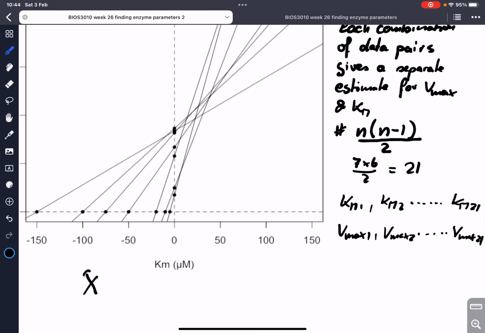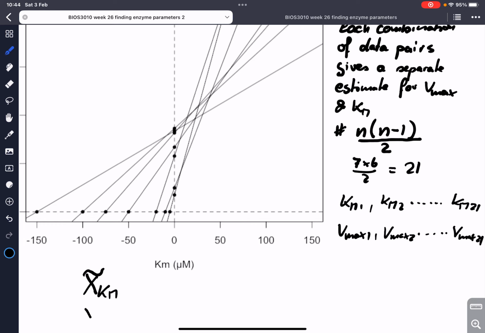And we would go for the median for Km, because we might even have some negative values here, which we actually should disregard, because we can't have a negative Km. So we would not use the mean for that, but we would do the median for it.